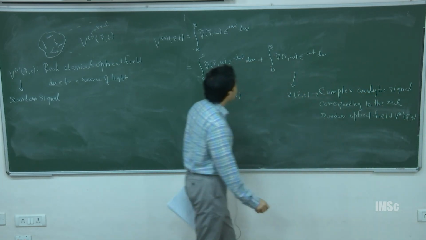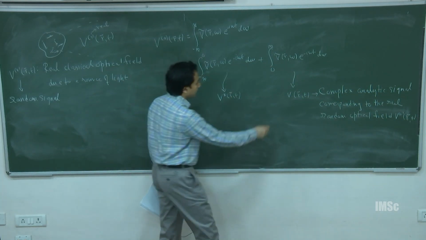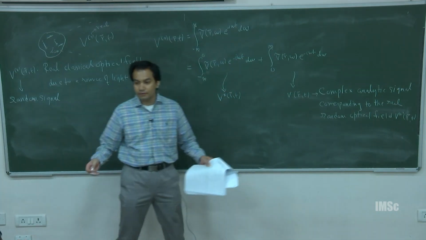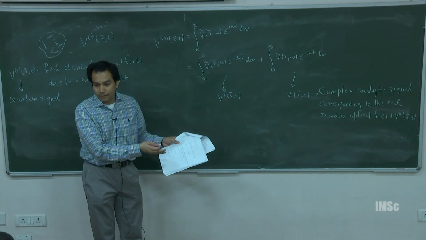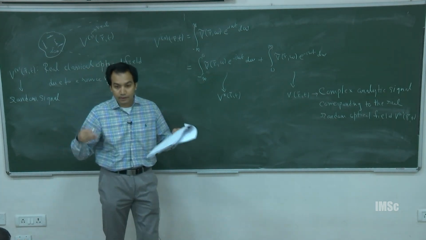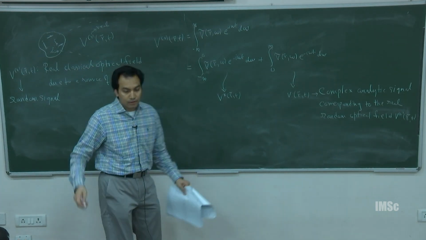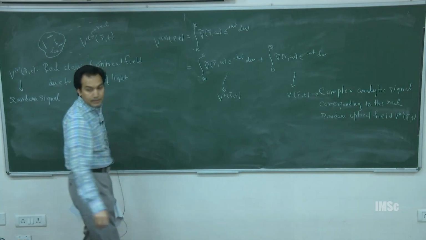So henceforth, if there is no superscript, if we simply write something as V of r, t, it means we are referring to the complex analytic signal. And if we have to describe a real optical field, a real physical quantity, we would explicitly put the superscript R.